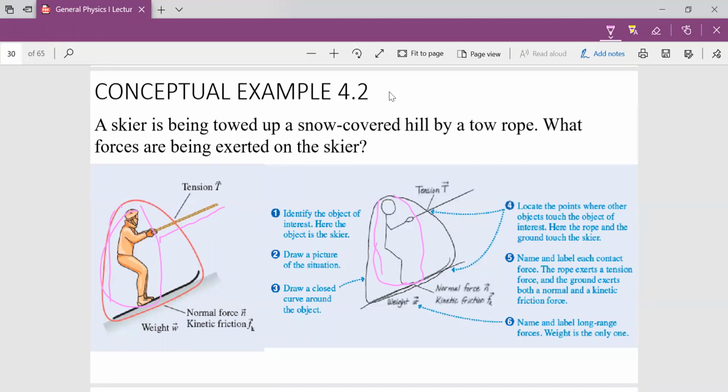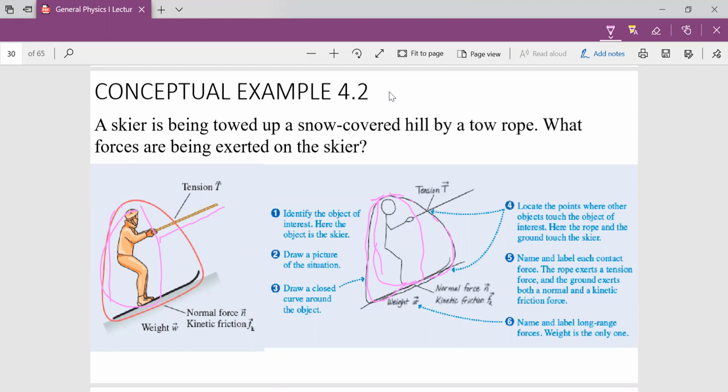This circle helps you to see clearly the contact forces. You identified the object of interest, made a picture of the situation, then drew the curve around the object.